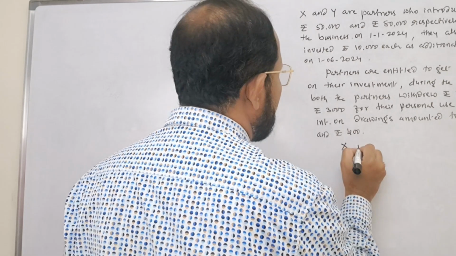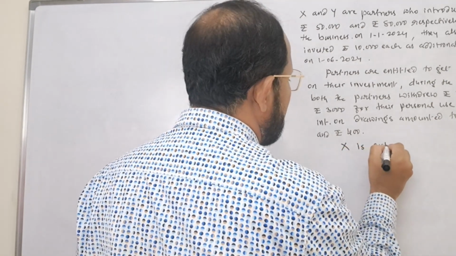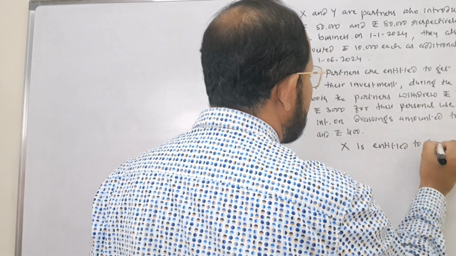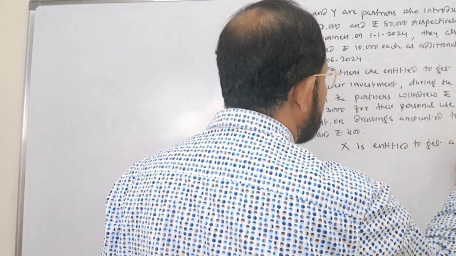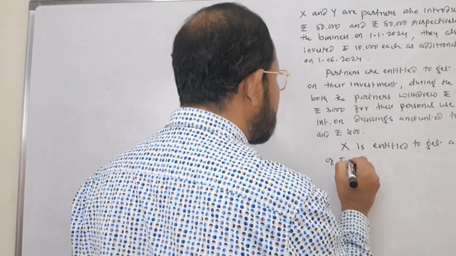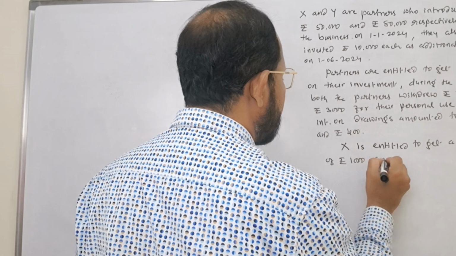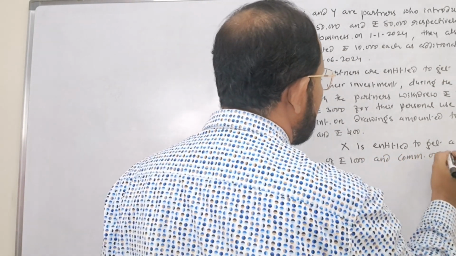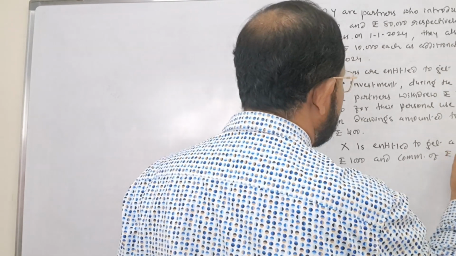X is entitled to get a salary of rupees 1000 and commission of rupees 500.